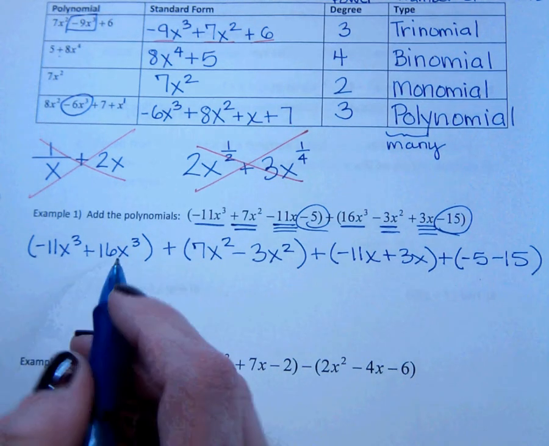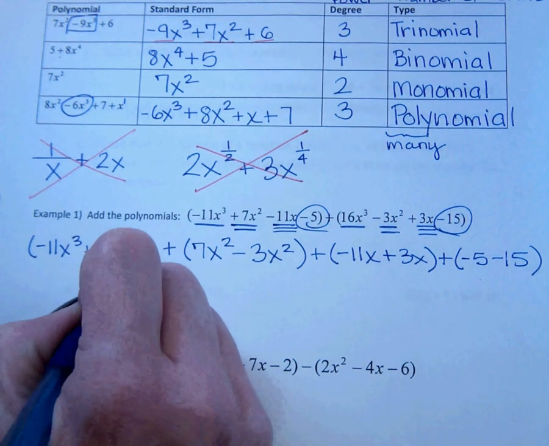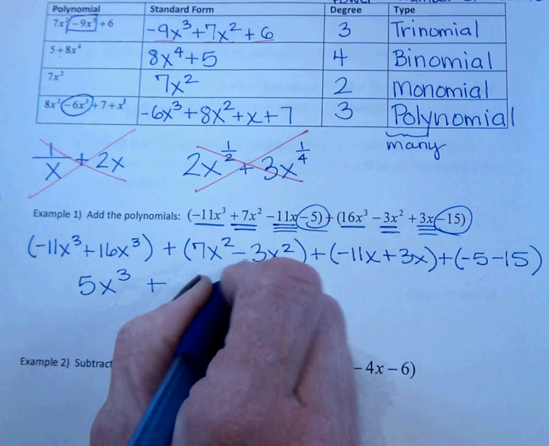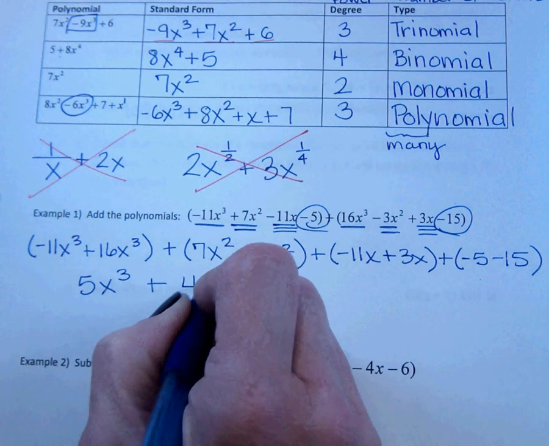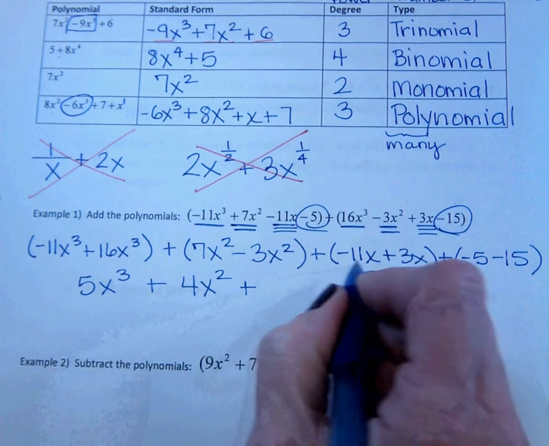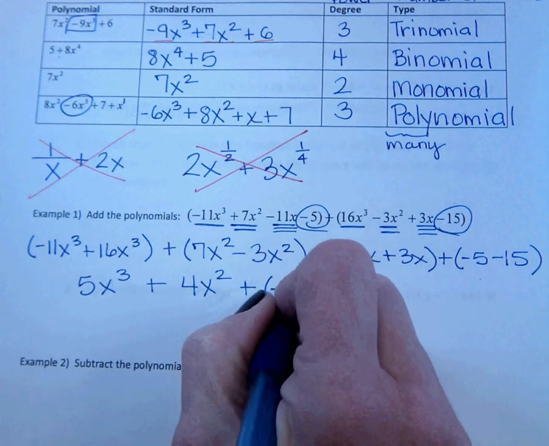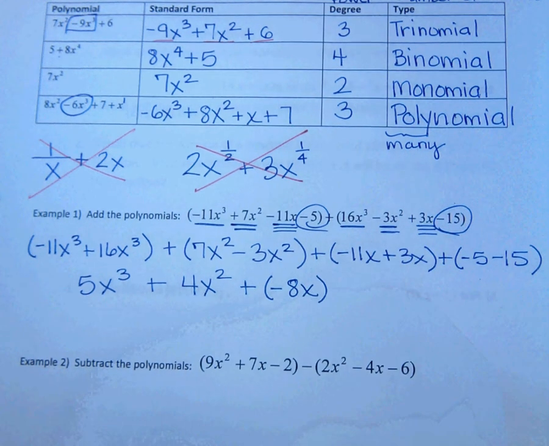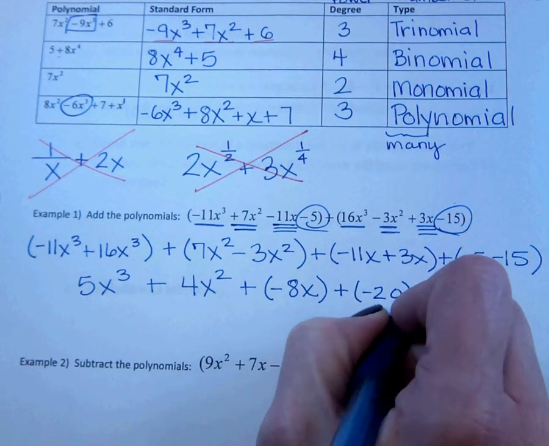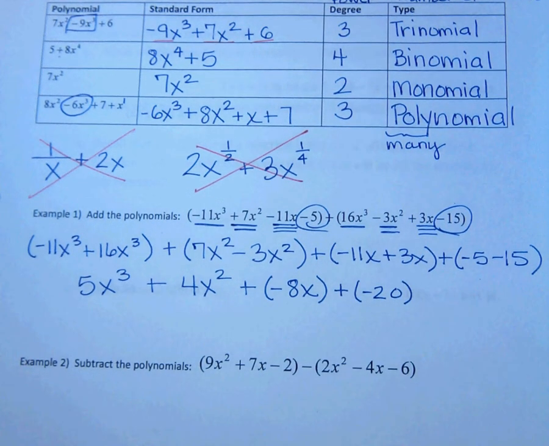Negative 11 plus 16, that's 5x cubed. 7 minus 3 is 4, so this would be plus 4x squared. Negative 11 plus 3 will give me negative 8x. And negative 5 minus 15 is negative 20.